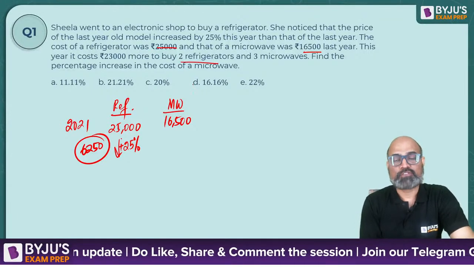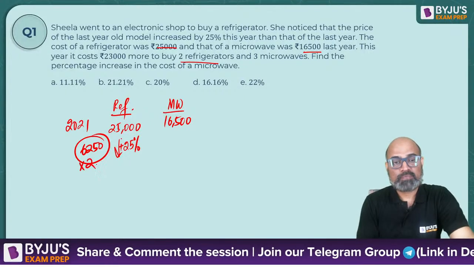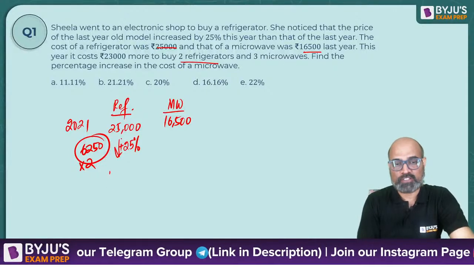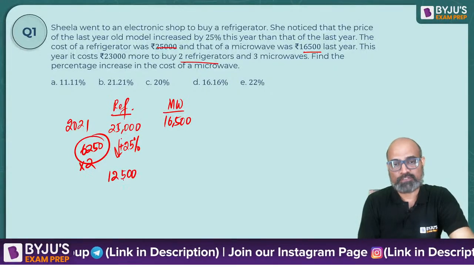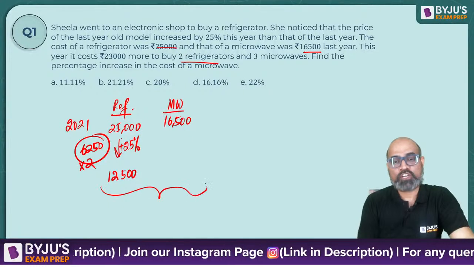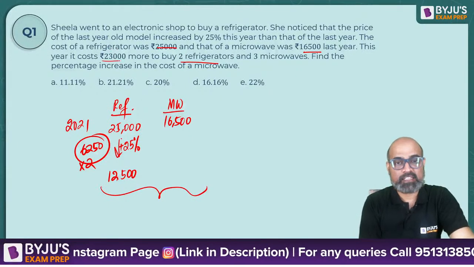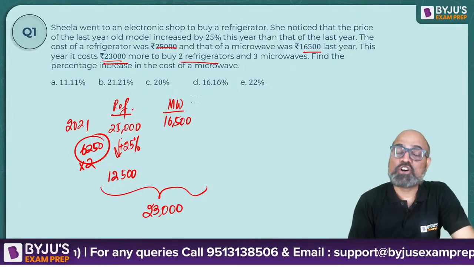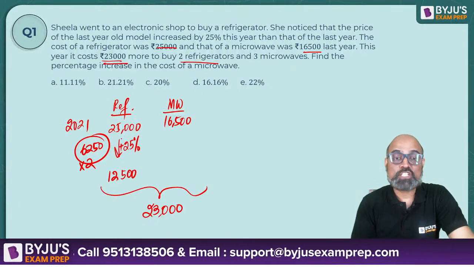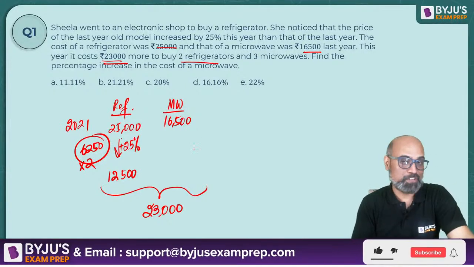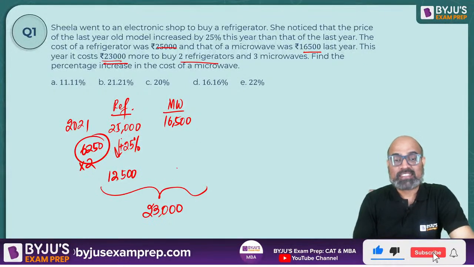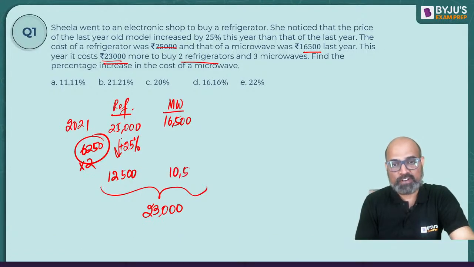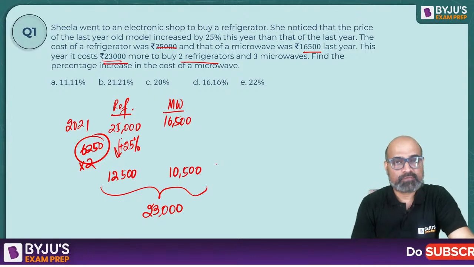But we have two refrigerators. That means the overall increase in price just because of two refrigerators is going to be 12,500. What is the overall increase in the price? 23,000. If 23,000 is the overall increase in the price, out of which 12,500 is because of refrigerators, the remaining is going to be 10,500 due to microwaves.